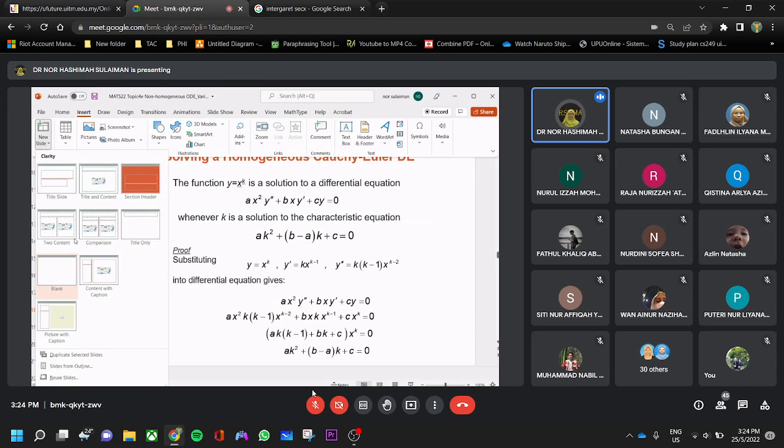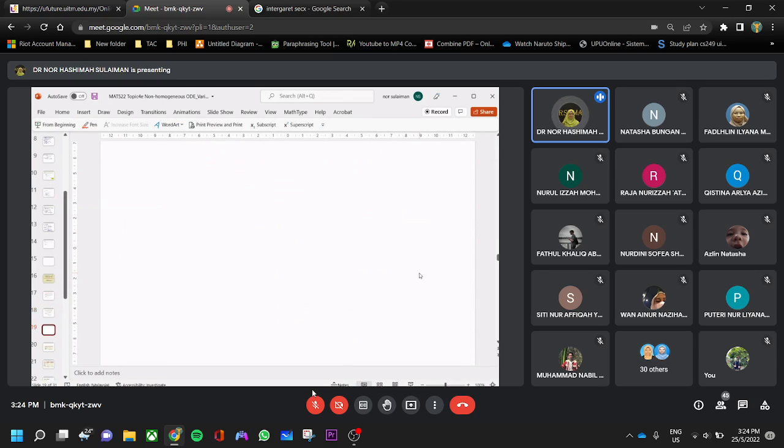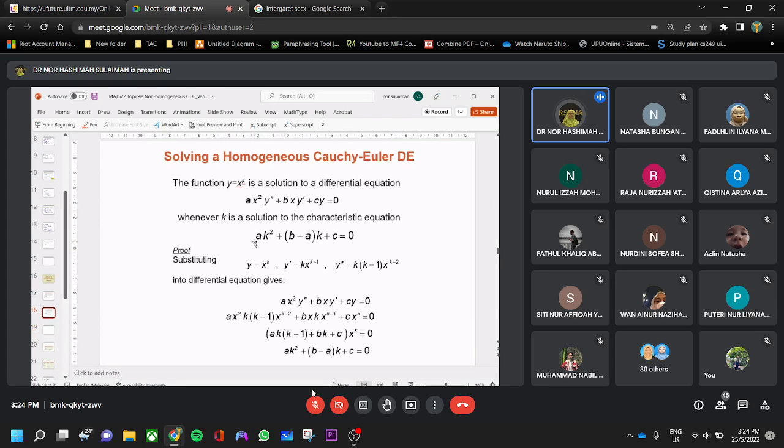Before this, I explained how we find the basic solution for a homogeneous differential equation with constant coefficients. To get the characteristic equation, the basic solution is of exponential form. Let's focus on a second order differential equation.